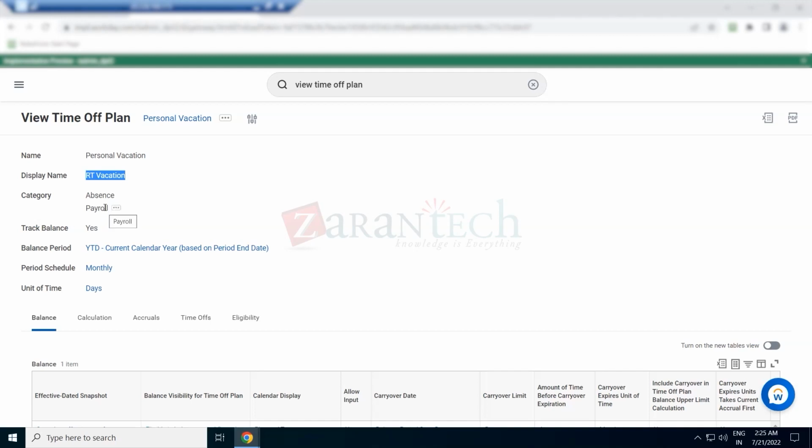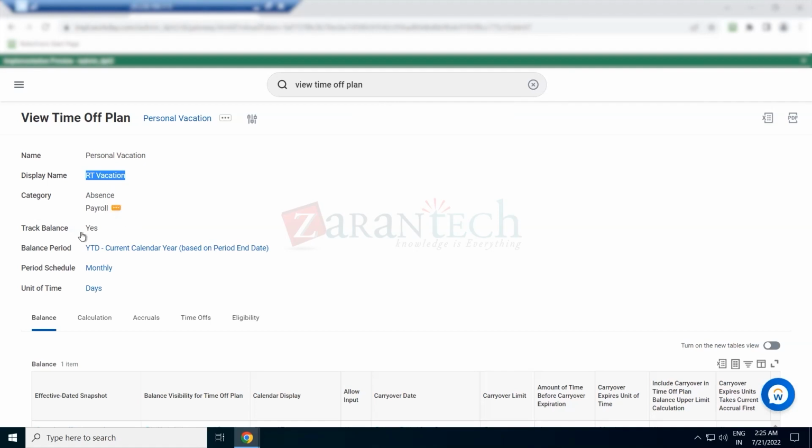You're aware of earnings and deductions, correct? Yes. Perfect. So absence is used in that area also. Once a time off plan is created, its components are mapped to your earning or deduction. We will cover it later when we go to time offs.